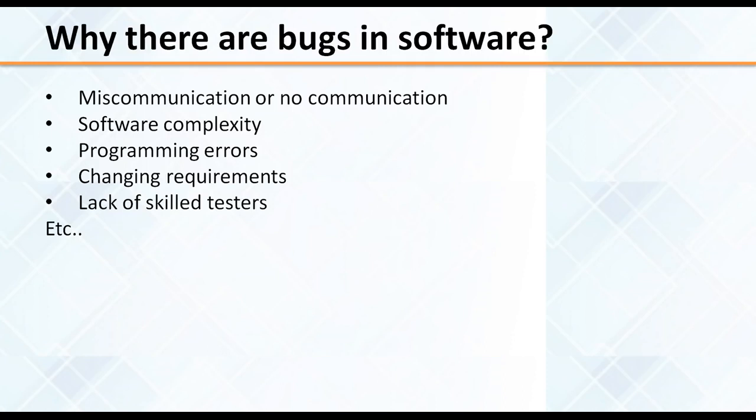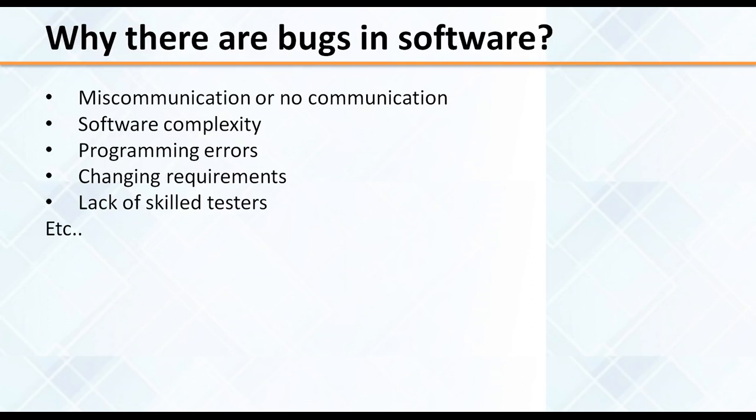If there is any miscommunication or no communication, then it will lead to errors or defects. Suppose the product manager is saying something and the developer develops something else, or the developer understood in a different way, or the tester understood in a different way, that will not work, right? So miscommunication or no communication will lead to bugs in the software.